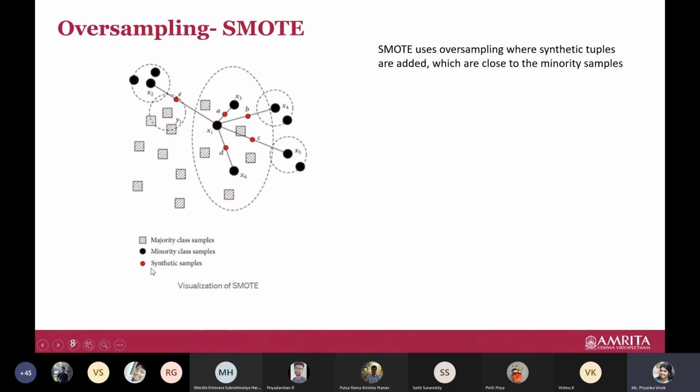The red dot is the newly created, synthesized sample from this algorithm. Based on nearest neighbor algorithms, it generates new samples which are very close to the other samples in the minority class.